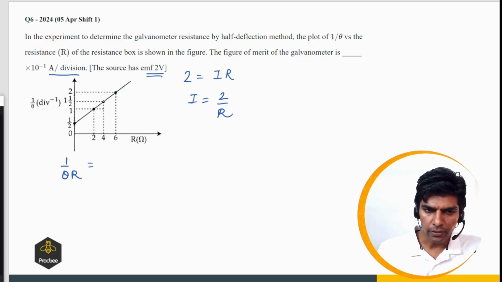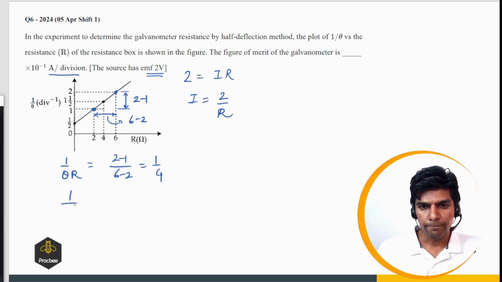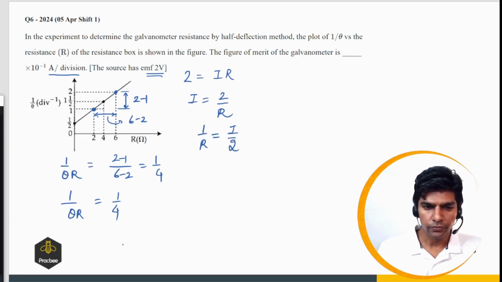If you take any 2 points, let us take this point and this point, and find the slope. So dy will be 2 minus 1, and dx will be 6 minus 2. So it comes out to be 2 minus 1 upon 6 minus 2, which will be 1 by 4. So 1 by theta R comes out to be 1 by 4, and 1 by R is equal to I by 2.